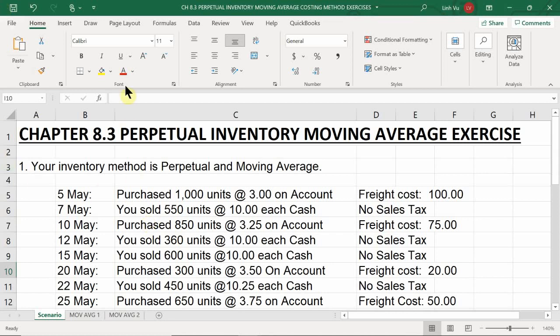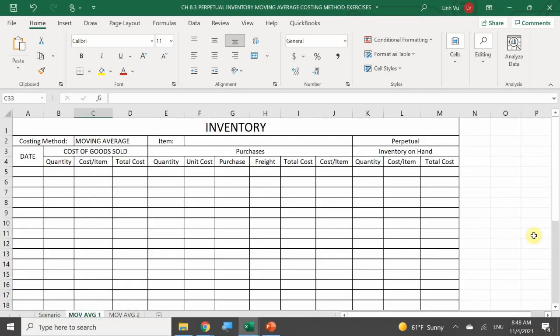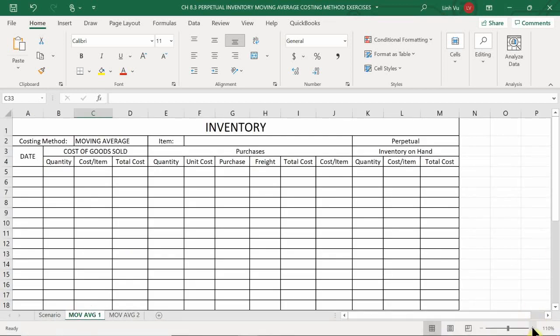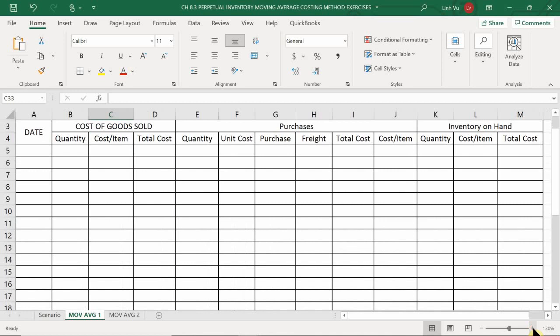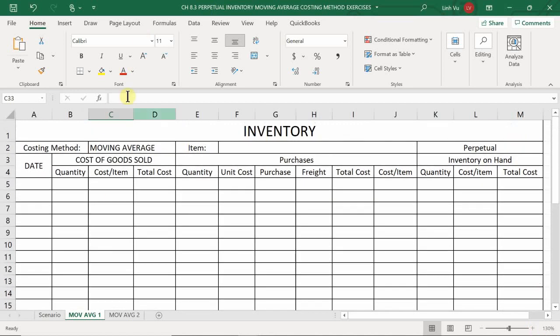So let's dive right into our little scenario, where on May 3rd, we end up purchasing 1,000 units at $3 each on account, with the freight costing $100. So popping this into my new table here. This one does not require any colors, because we're only dealing with one number only.